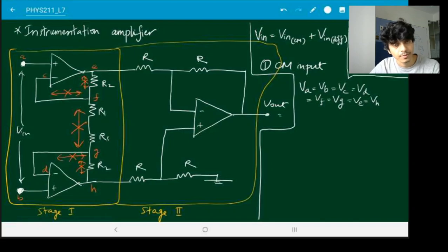So the gain is 1. So it's a unit gain amplifier or a voltage follower. So what I can say is that the common mode gain in stage 1 is just 1.